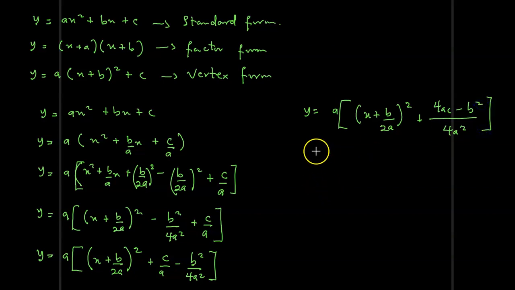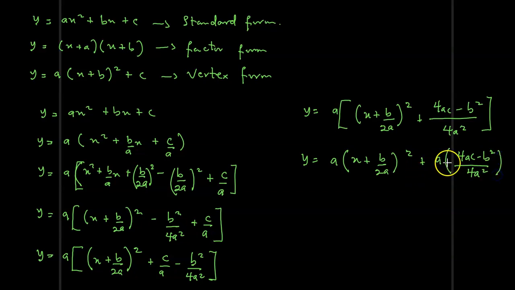So ideally, expanding through our a, we are going to have it as y equal to a into bracket x plus b over 2a all squared plus a into bracket 4ac minus b squared all over 4a squared.